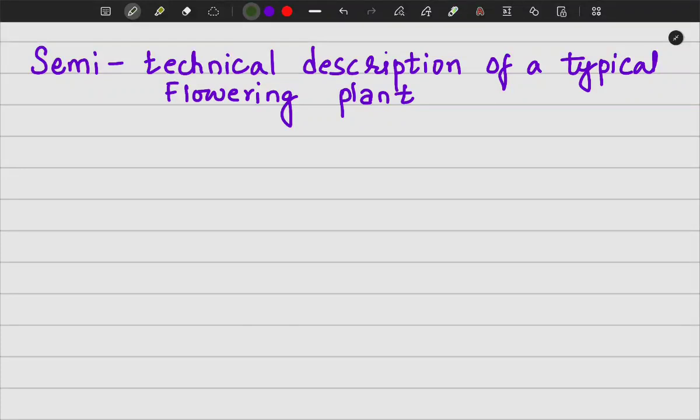Let us study about the semi-technical description of a typical flowering plant. Whenever a flowering plant is described, it is described with the help of its various morphological features.